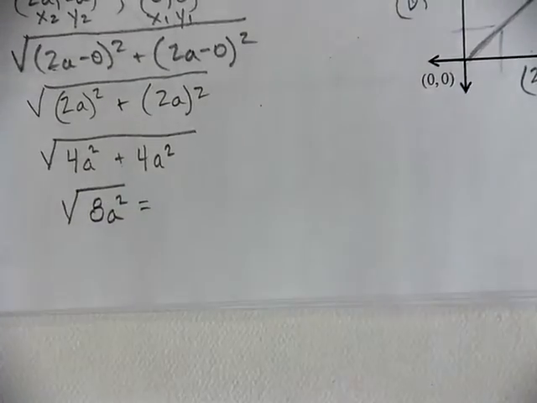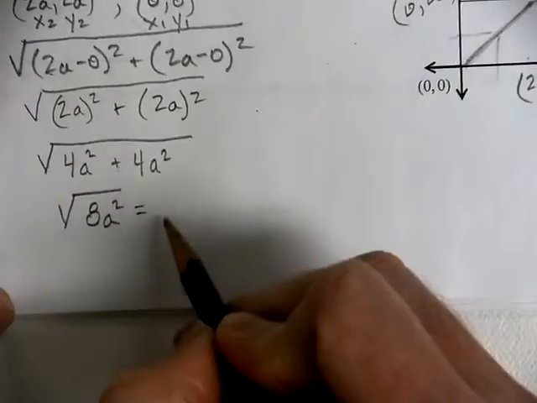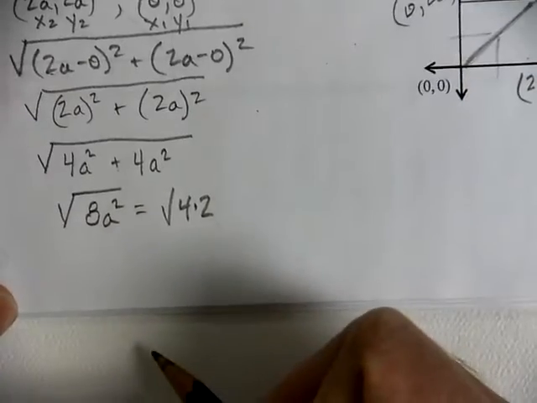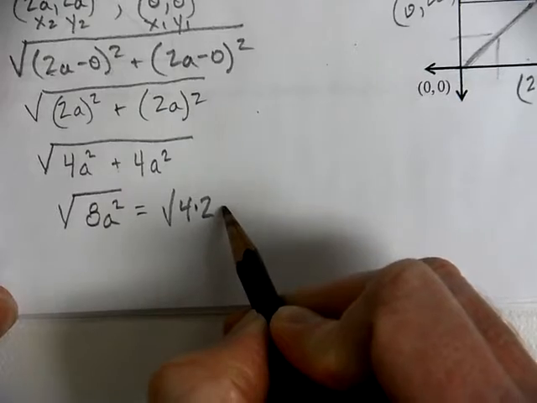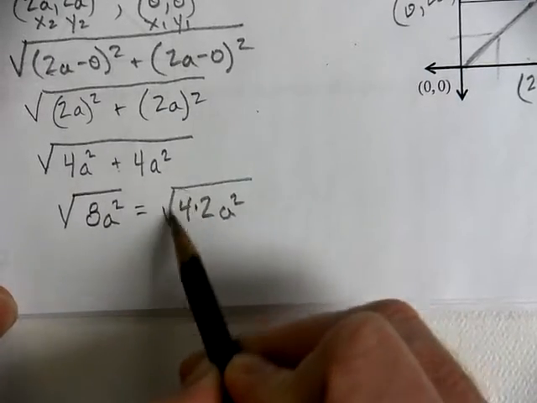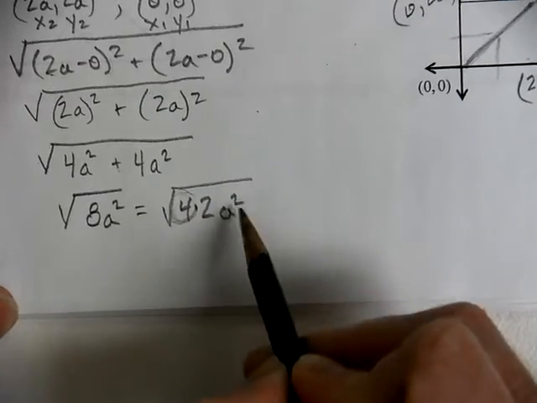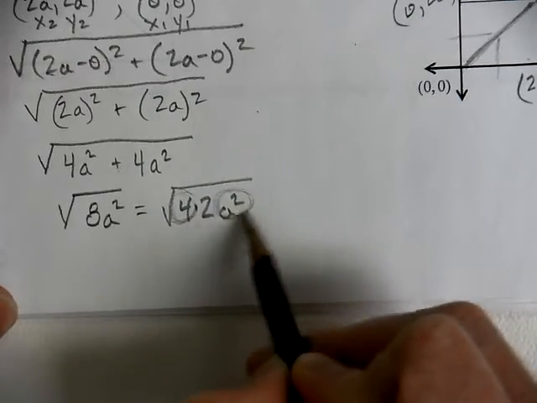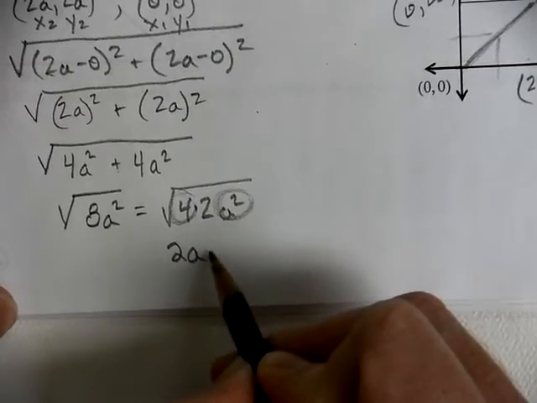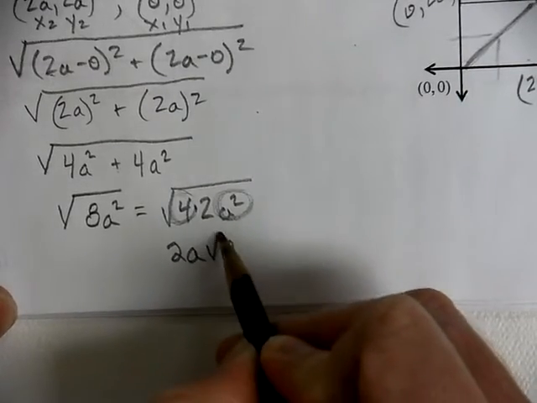Now, we don't know the square root of 8, but if I break the 8 down into 4 times 2 times a squared, I can take the square root of the 4, I can take the square root of something squared, so that's 2a square root 2.